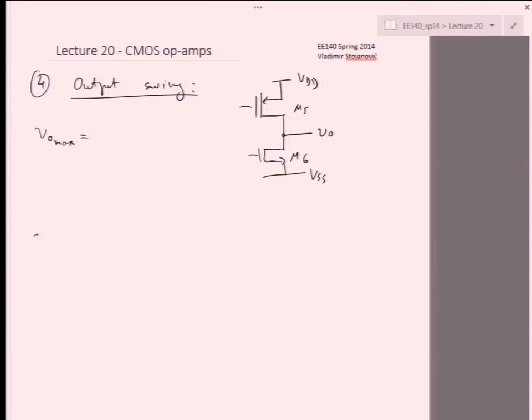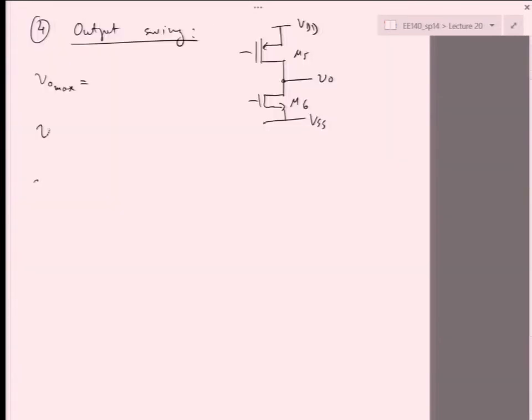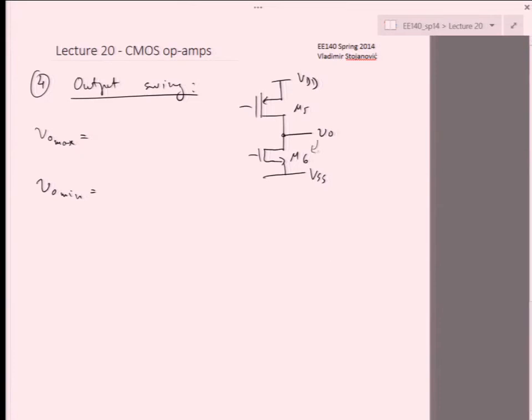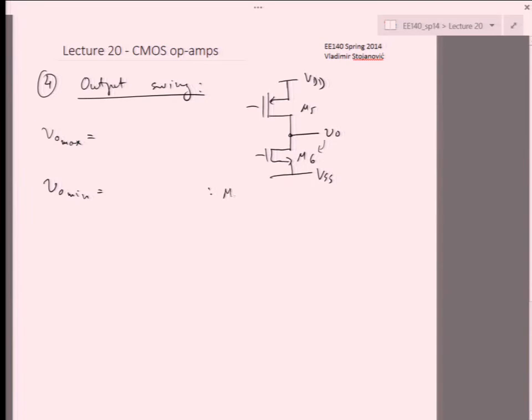VSS minus. Notice this is maximum. Yes, there is a minimum as well. The minimum means you're starting to hit this guy, right? For maximum, we're worried about M5 staying in saturation, and for minimum, we're worried about M6 staying in saturation.